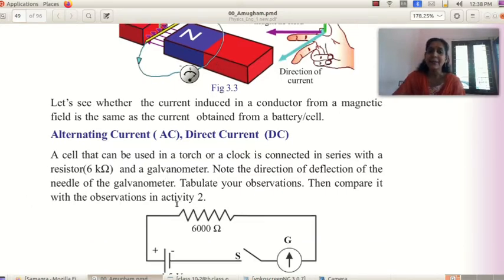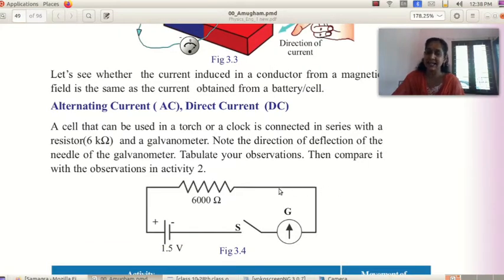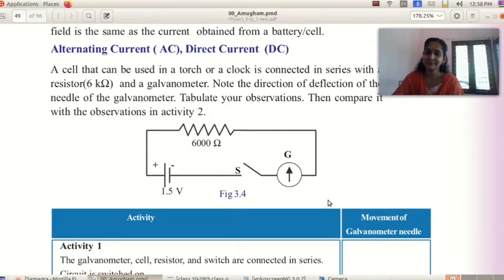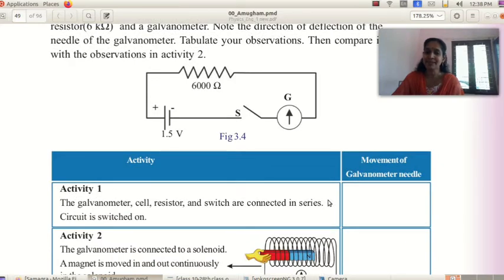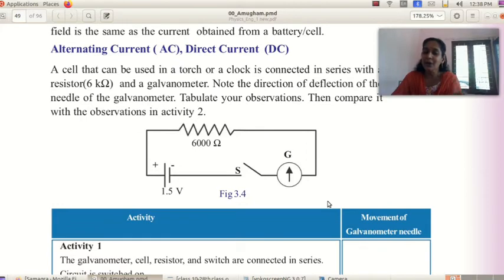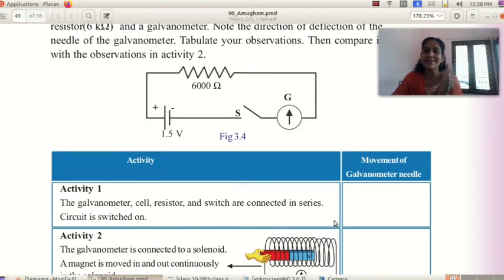A cell, like the one used in a torch, is connected in series with a resistor and galvanometer, as in the picture. Here, the galvanometer shows deflection only to one side. That means the galvanometer moves only in one direction. The current obtained from this battery or cell is direct current.